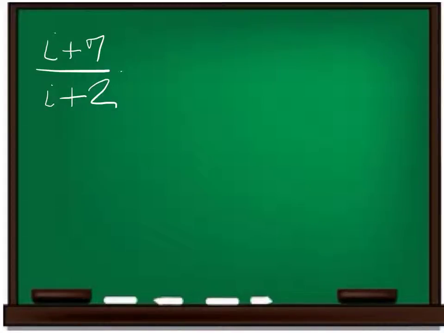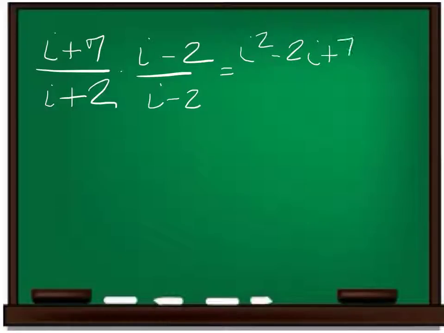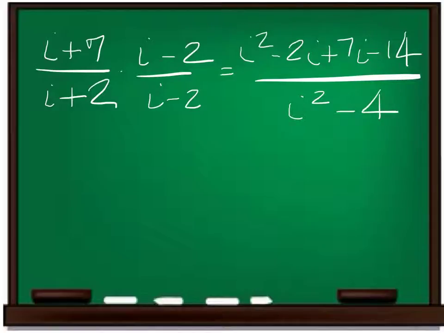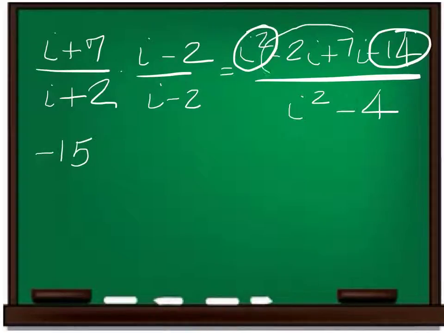Multiply the top and the bottom by i minus 2, and that will give you i squared minus 2i plus 7i minus 14 on the top, and on the bottom i squared minus 4. Negative 1 minus 14 is negative 15. Negative 2 plus 7 is plus 5i.